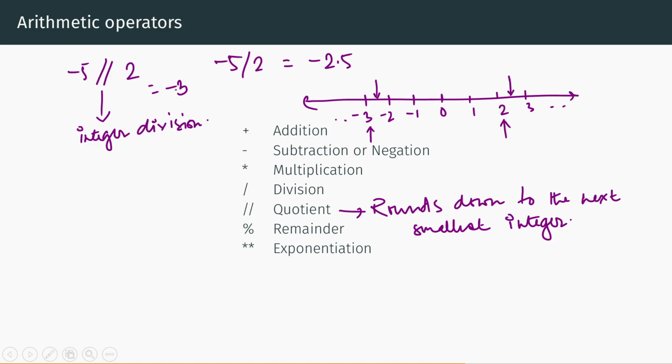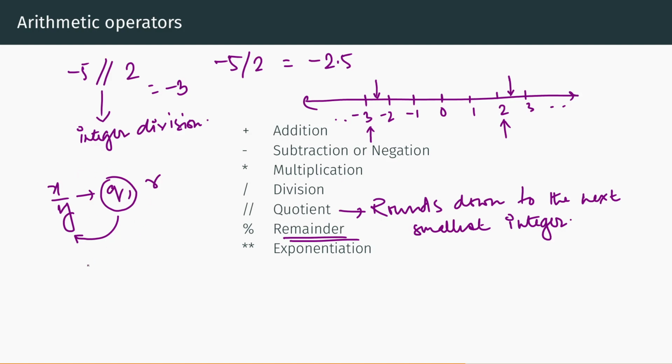That's clear, right? Now let's come to the remainder part. Now what is remainder? Let's say you're trying to divide x by y. Dividing x by y gives you a quotient and a remainder. The way you find that remainder is you multiply this quotient with the denominator and subtract the result from x.